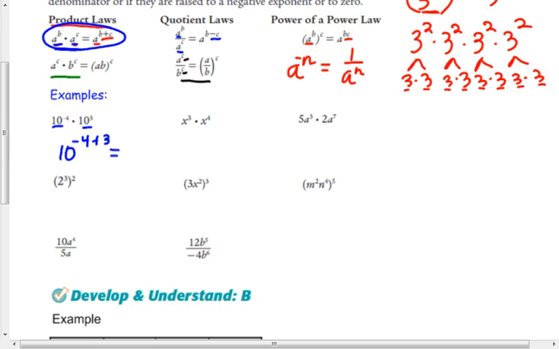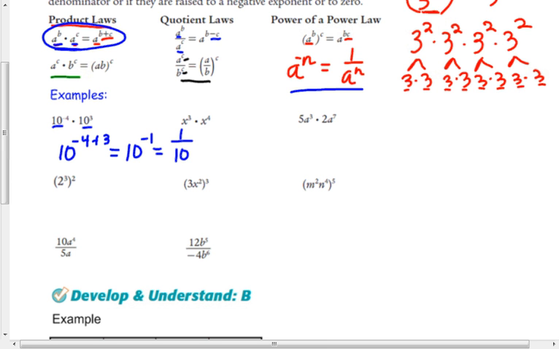And negative 4 plus 3 is really just negative 1. And when you're simplifying, we like answers not to have negative exponents. So we're going to use this property also over here, where 10 to the negative 1st is just the reciprocal of 10 to the 1st, and 10 to the 1st is just 10. So we're going to leave our answer as 1/10 there.